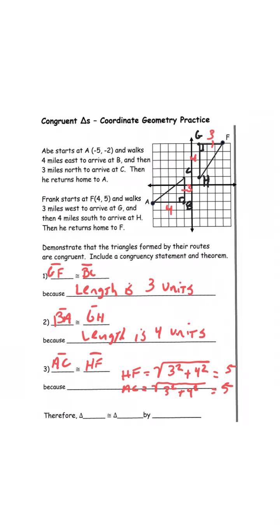Therefore, I can say that triangle ABC, and I'm going in order, triangle ABC and triangle GHF are congruent by side, side, side.